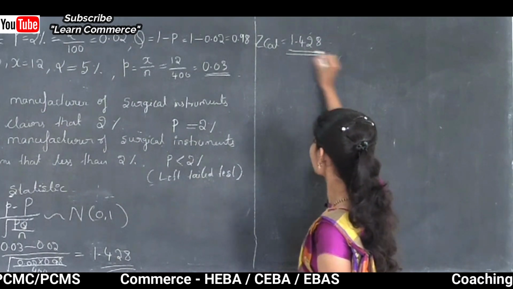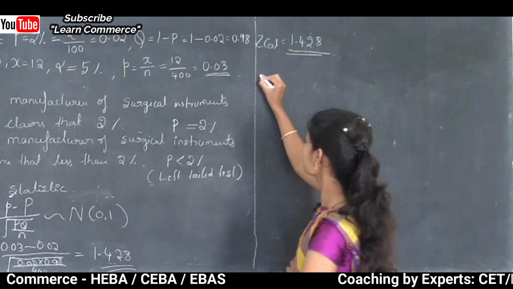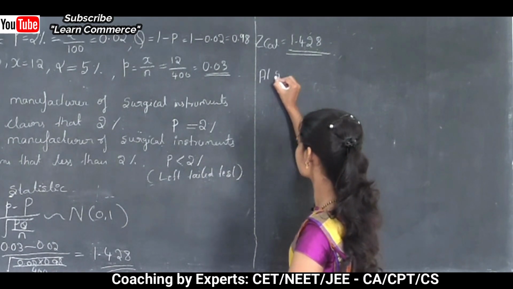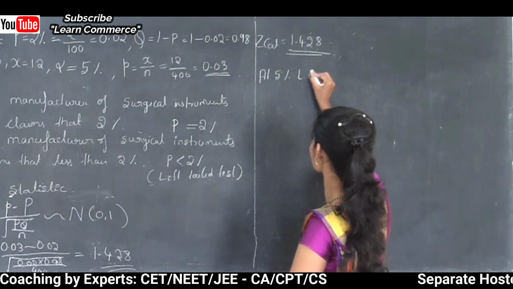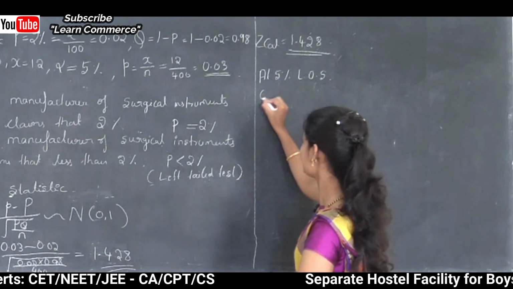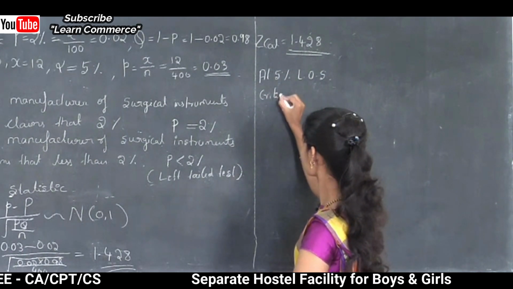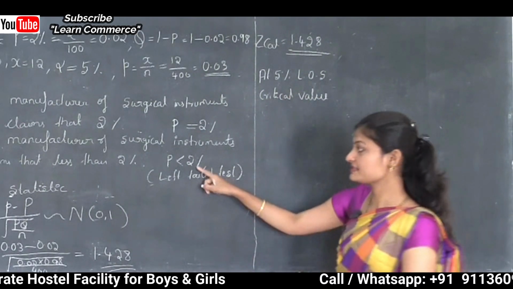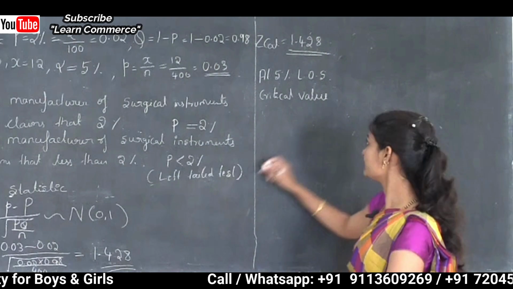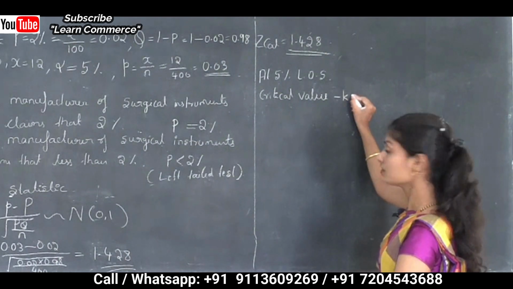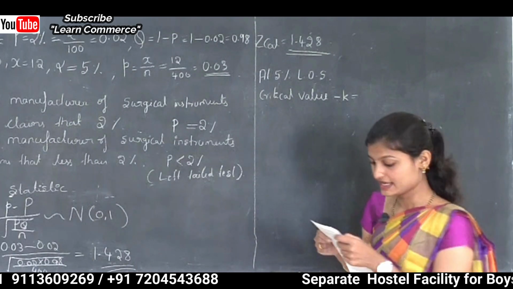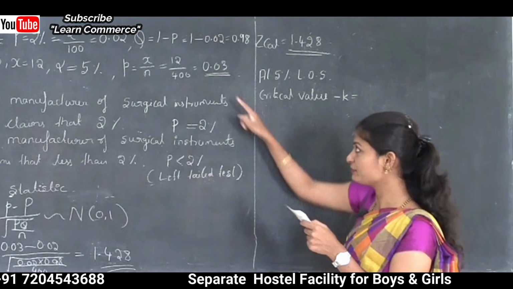Step 4, that is using level of significance. So here level of significance is 5%. We can find critical value. See, this is left tail test, so we need to find minus k value, and this is one tail test, and here alpha is 5%.